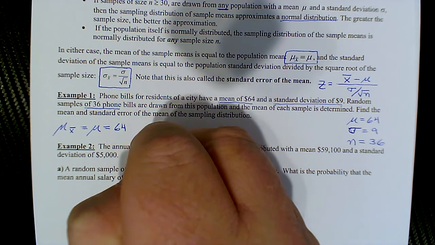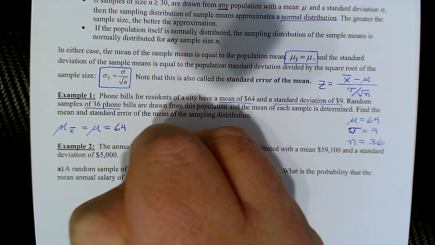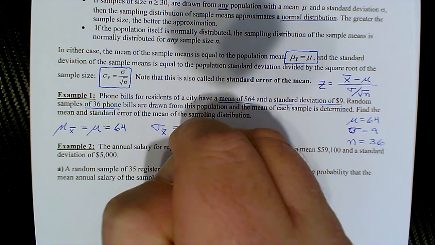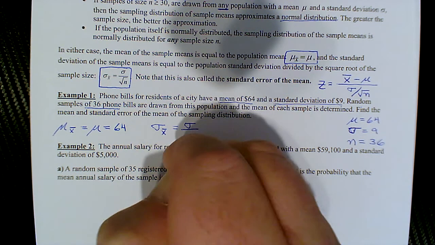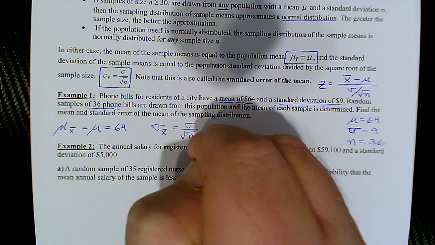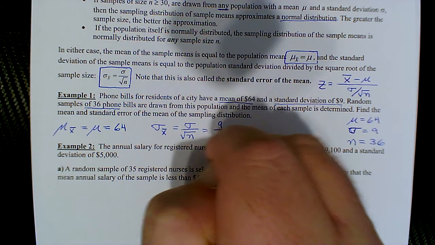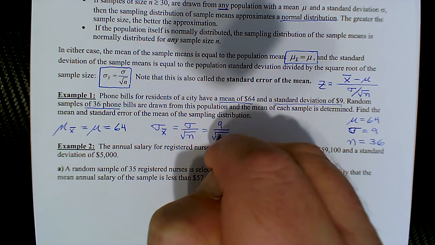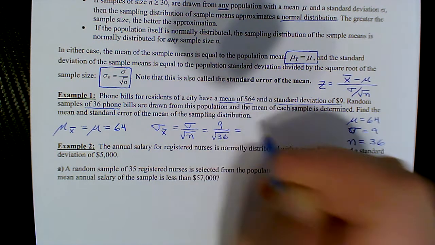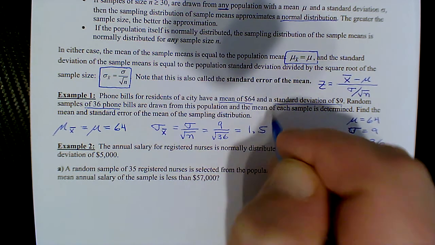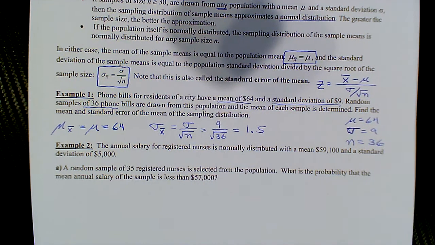But then the standard deviation of the sample means, which we indicate by sigma sub x bar, is the standard deviation of the population divided by the square root of n. So the standard deviation of the population was 9 divided by the square root of n, which was 36. And that calculates to be 1.5.